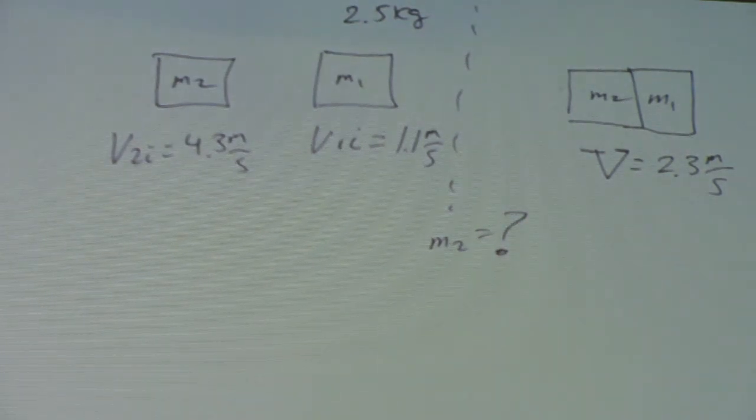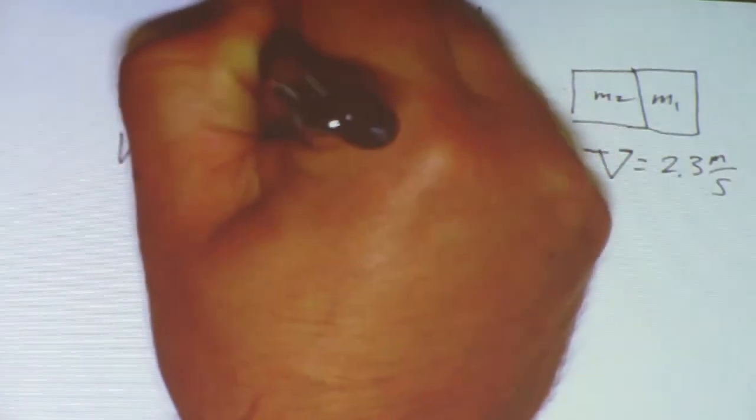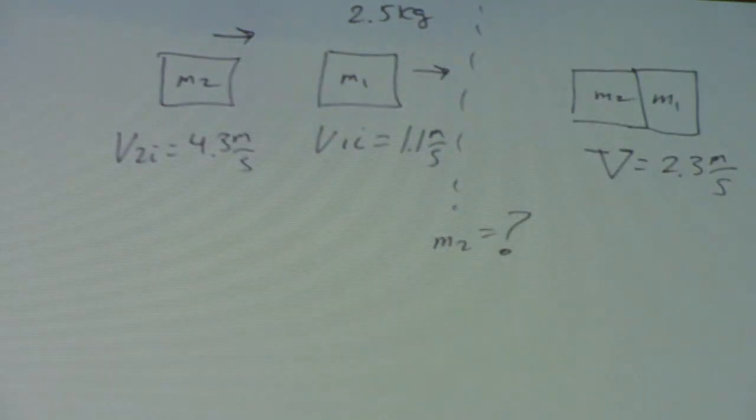So when you look through the chapter, there's not going to be an M2 formula anywhere. What you'll find is, if it's a collision, use initial momentum is equal to final momentum. And then hopefully what you're looking for comes out once you put everything together. Okay, so these are both moving this way. This one's moving this way. They stick together.